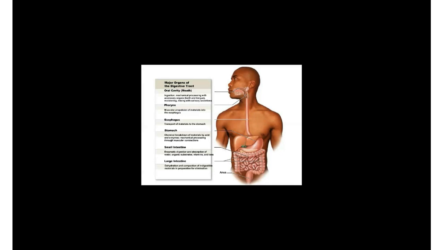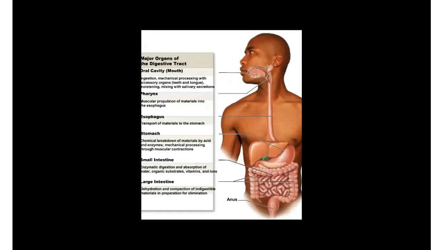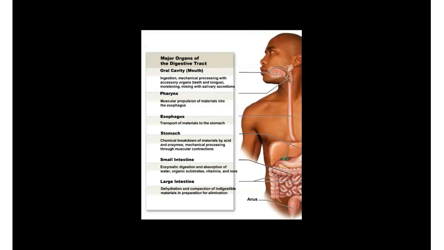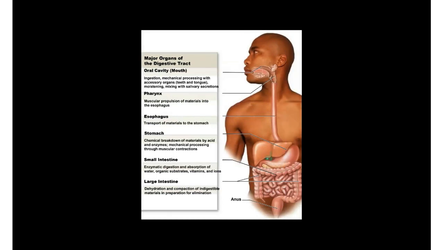Okay. And then we have the pharynx, which provides the muscular propulsion of material into the esophagus, so the movement of your bolus into the esophagus takes place. Then the esophagus transports the material to the stomach. The stomach does the chemical breakdown of materials by acid and enzymes, and mechanical processing by muscular contraction.